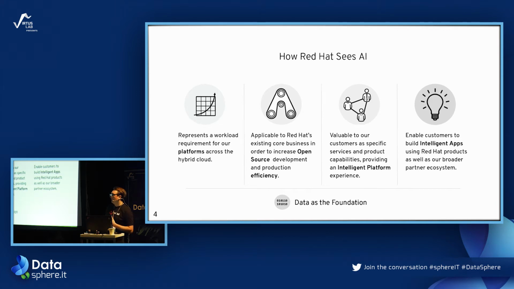Here are things like anomaly detection in telemetry data, or log anomaly detection for different applications, and different things that essentially make the running of our cloud platform more intelligent.